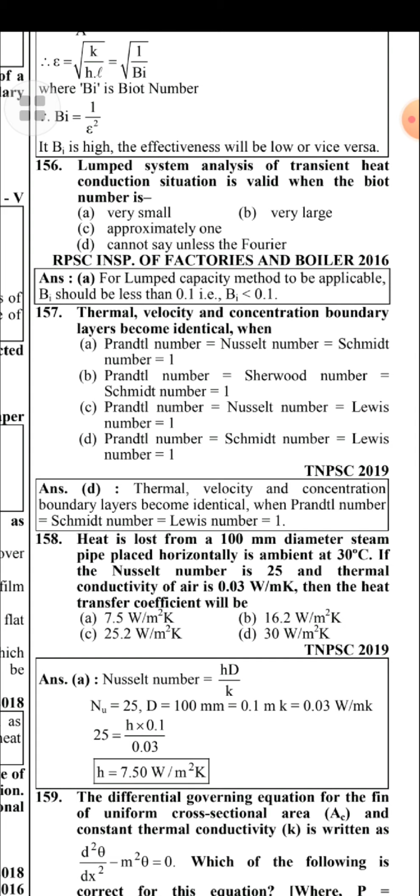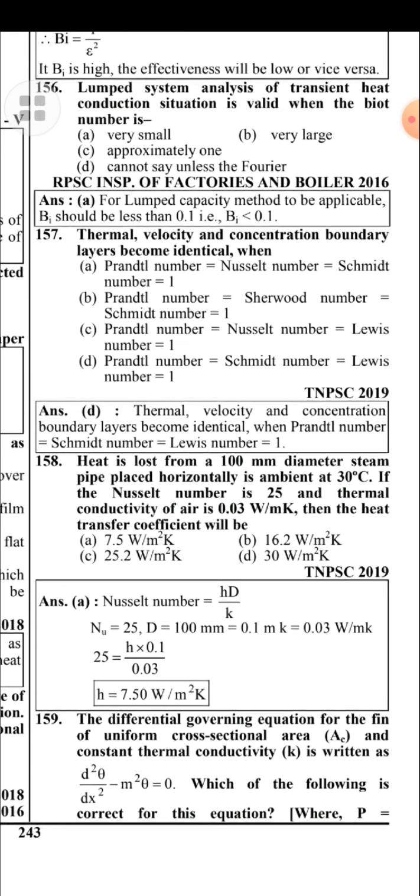If the Nusselt number is 25 and thermal conductivity k is given as 0.03 watt per meter Kelvin, then the heat transfer coefficient will be? Nusselt number is equal to hD by k, while Biot number is hL by k. Here h is to be found out, Nusselt number and thermal conductivity k are given, and D is the diameter, 100 mm, that is 0.1 meter. So h comes out to be 7.5 watt per meter squared Kelvin.